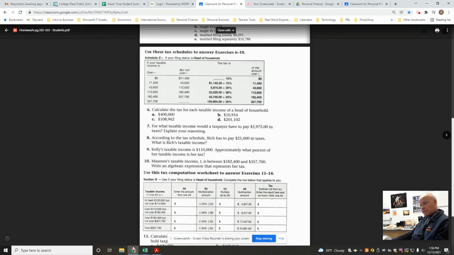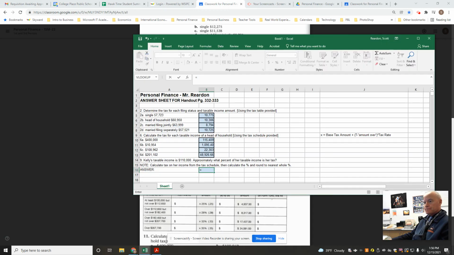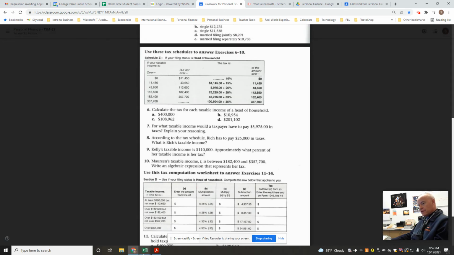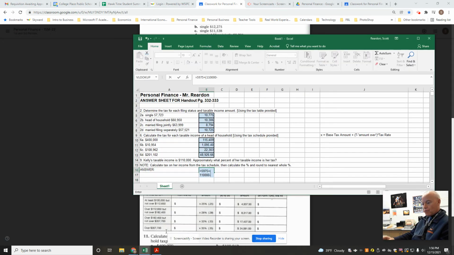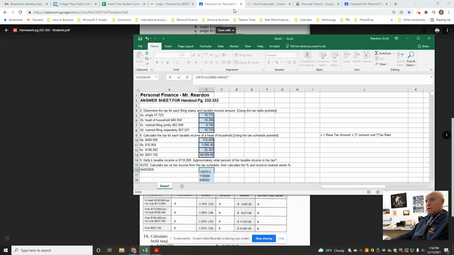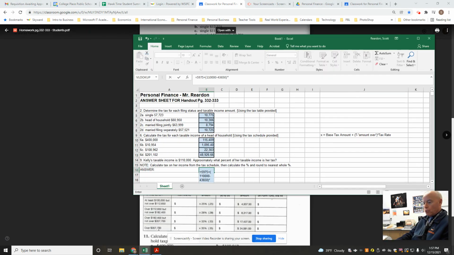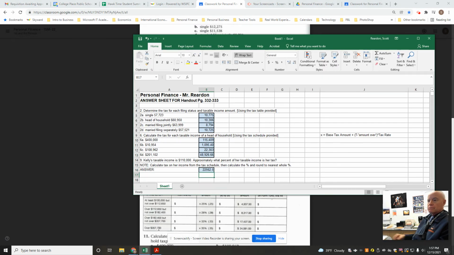Base tax amount again is 5,975 plus (110,000, my taxable income, minus the amount over, 43,650, the bottom end of that bracket) times a tax rate of 25% or 0.25. Very similar to the last one, where I got 22,303. Here I got 22,562.